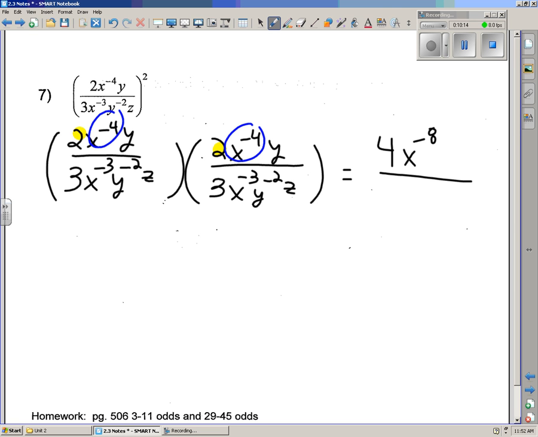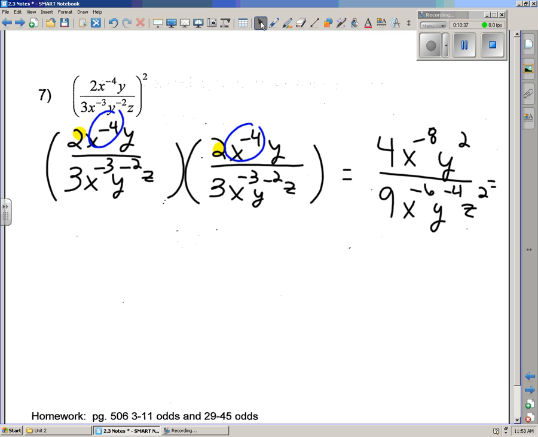And then y up top and another y up top is y squared. On the bottom, 3 times 3 is 9. X negative 3, x negative 3, x negative 6, y negative 2, y negative 2, y negative 4, and z1 times z1 is z2.